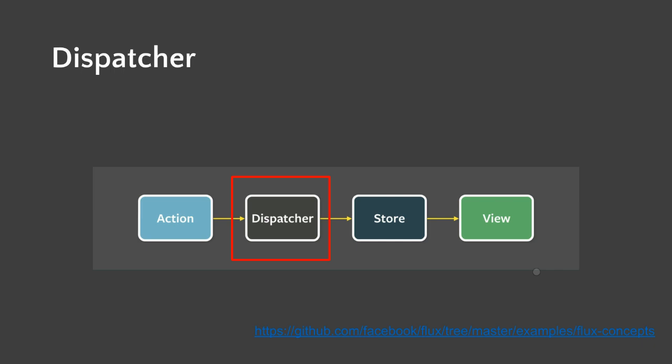So the stores are registered to the dispatcher, and when the dispatcher dispatches an action, the callback that each store has registered in the dispatcher is called. The dispatcher processes actions, for example from a user interaction, and invokes the callbacks that the stores have registered with it.